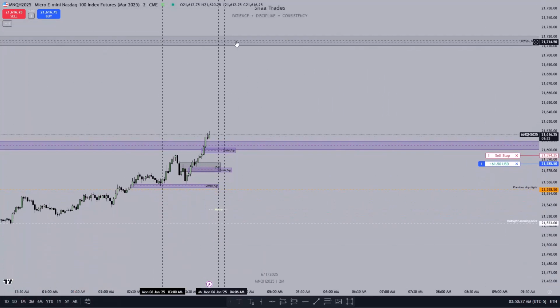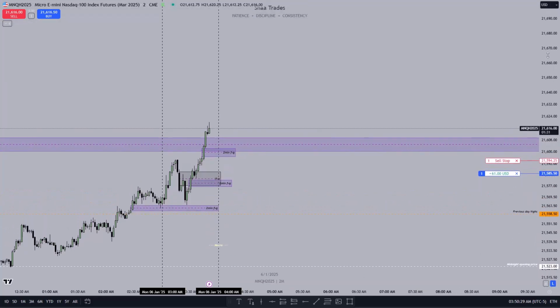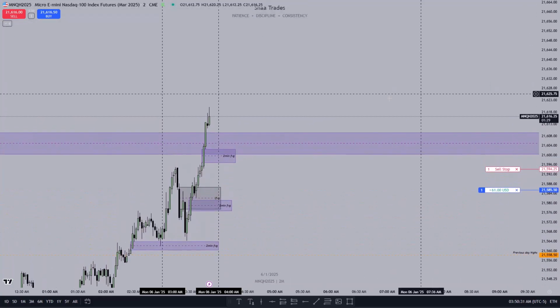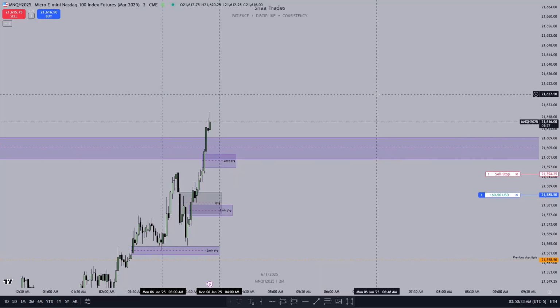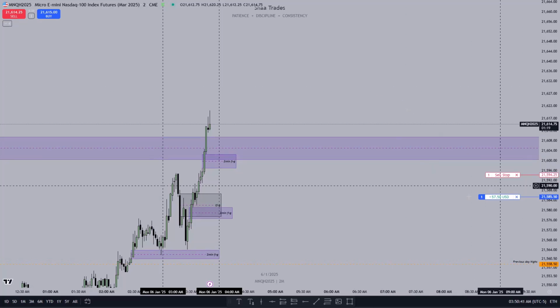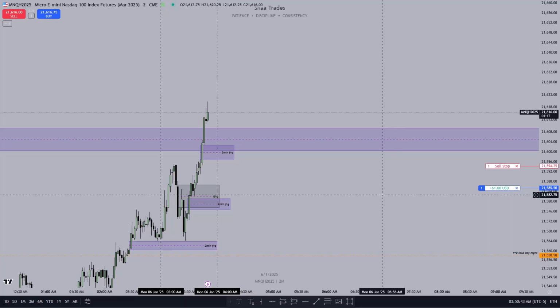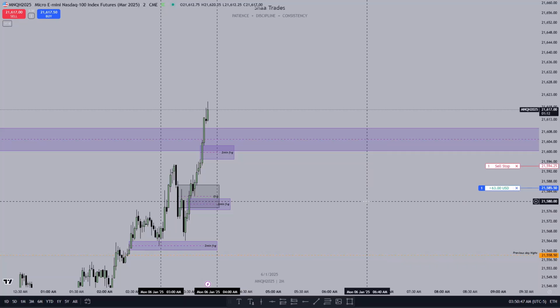Initially, this is my draw, but we'll see if price gets there. I don't have to get there. I just want to know what my draw was. I was thinking about two things. Price is above the midnight open, so I was looking for sells.